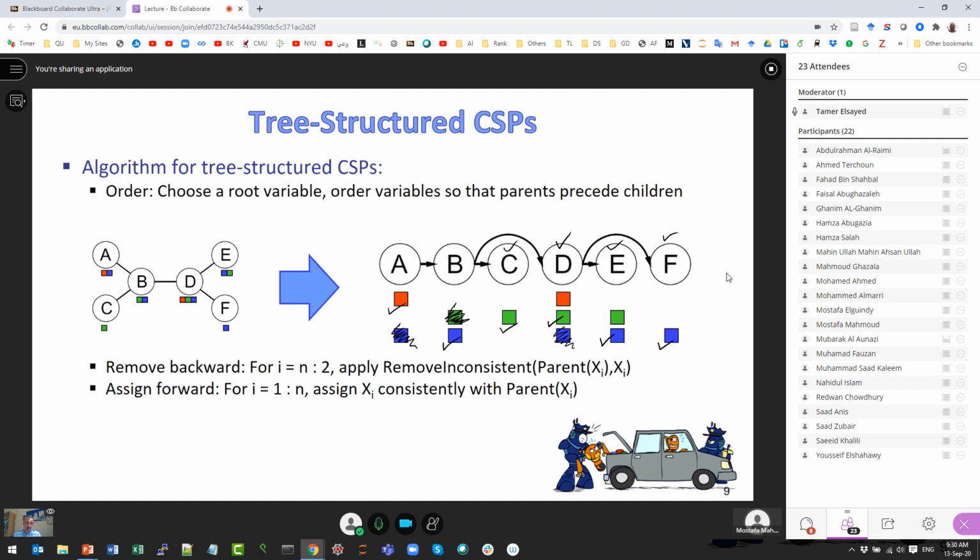Ghanem? Okay, so you have another problem now that I cannot imagine, but if it's tree structure, then I can solve it this way for sure.